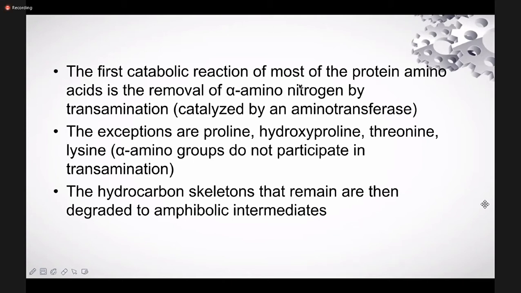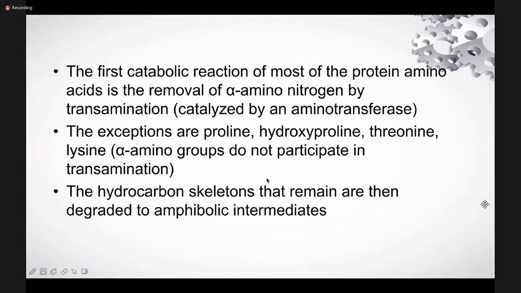We have already learned this: the first step is removal of the nitrogen group, and in the form of ammonia, it enters the urea cycle to be gotten rid of by our body, since it is harmful in the urine. The exceptions are proline, hydroxyproline, threonine, and glycine, because for these amino acids, the alpha amino group does not participate in transamination.